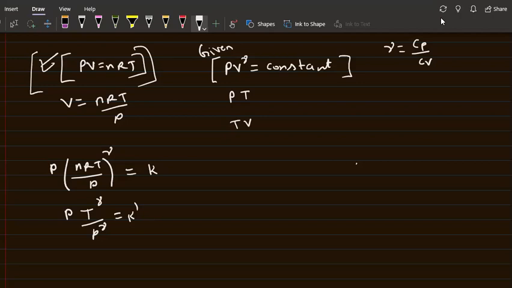Got it, everyone? Anyone have any doubt? Just ask. Since nR is also constant, I just cross multiplied this, and a constant by a constant is a constant. 4 is a constant, 5 is a constant, so 4 by 5 is also constant. Got it?